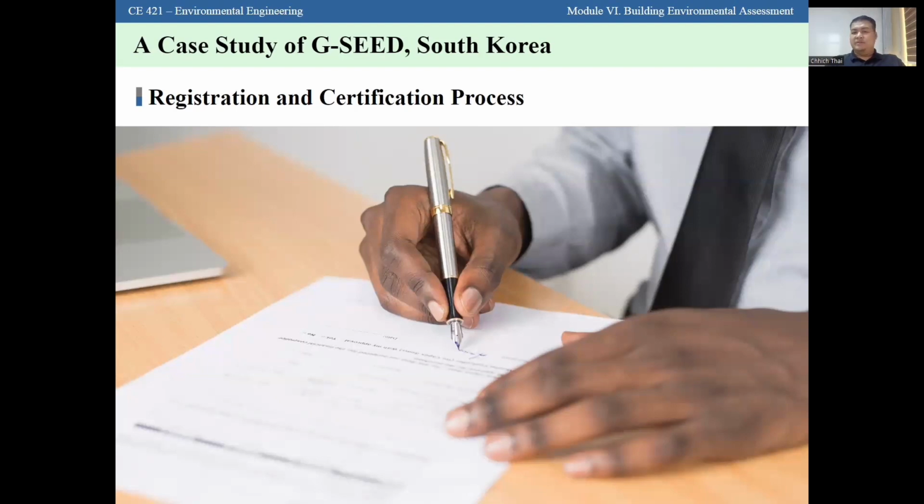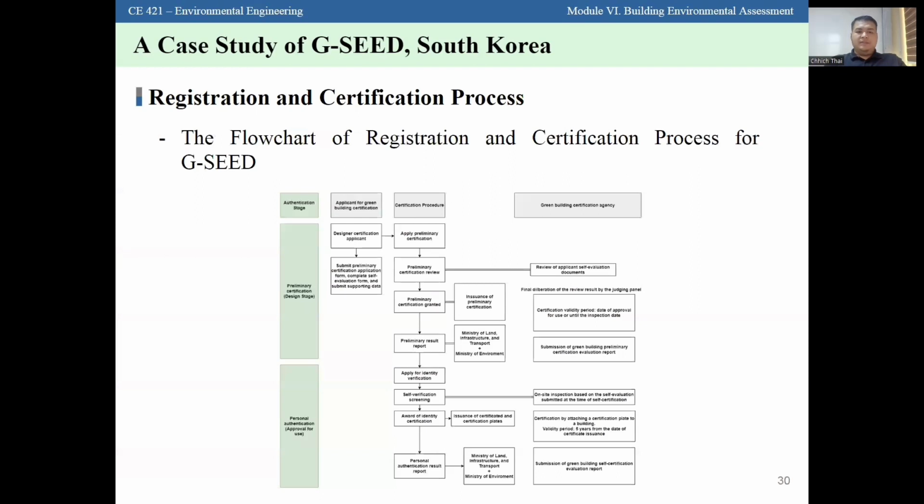Moving on to the registration and certification process. This is the flow chart of the registration and certification process for GSEED. I'm going to break down this flow chart into 2 sections: the registration process and the certification process.